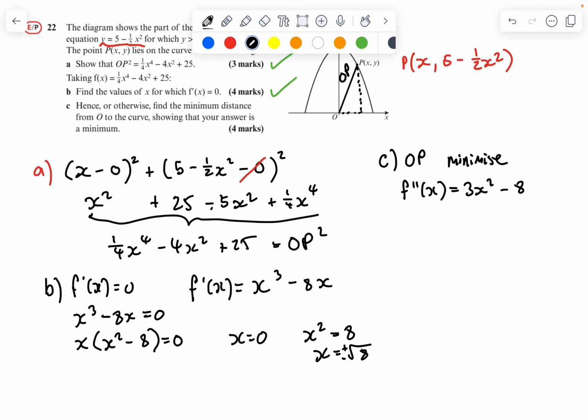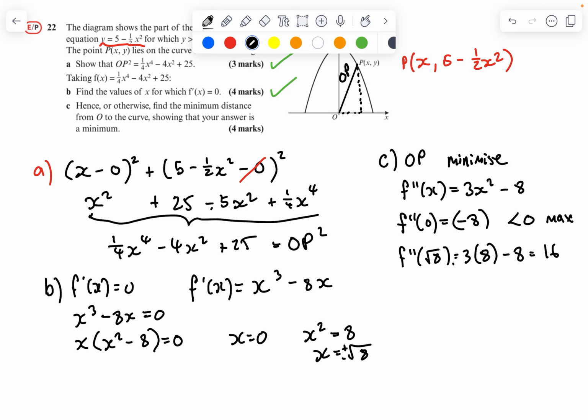So let's put our solutions in. The second derivative at 0 is just minus 8. That's less than 0, so that is the maximum. If I put in the square root of 8, I get 3 times the square root of 8 squared, which is 8, minus 8, which is 16.